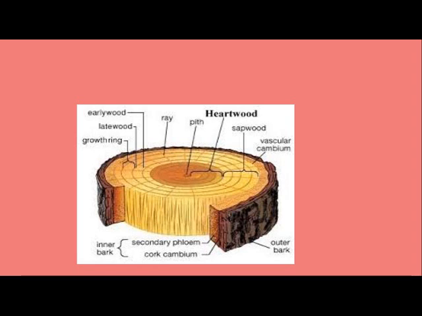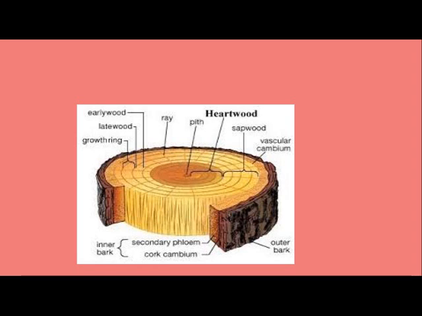The cambium continuously divides and forms new cells. These new cells are either xylem or phloem. On one side it continuously forms xylem, and from its other side it continuously forms phloem. In this way, in a plant, there is a continuous formation of new xylem and new phloem.